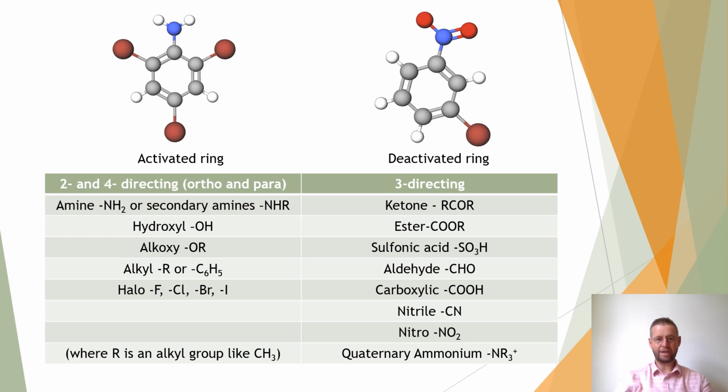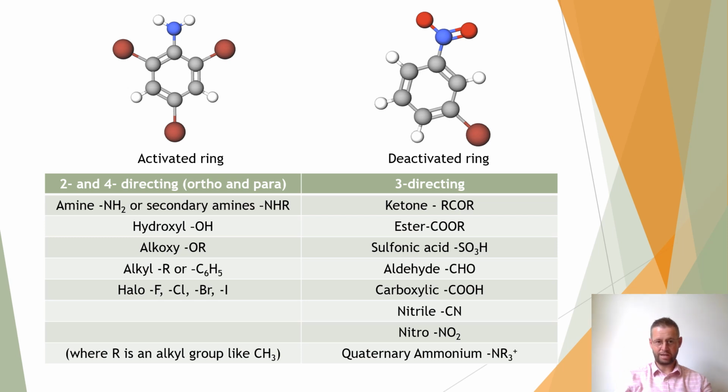There are other things that have similar setup, similar electron orbital structures that would activate rings. So the amine groups, which is the one we just talked about, the NH2, even secondary amines that have got NH, but then a long chain hydrocarbon, some sort of alkyl group attached where one of the hydrogens was, absolutely fine. That will still provide those lone pair electrons that will activate the group.